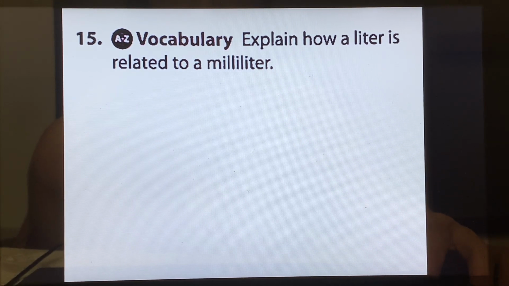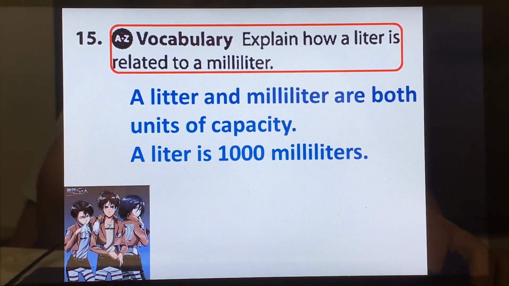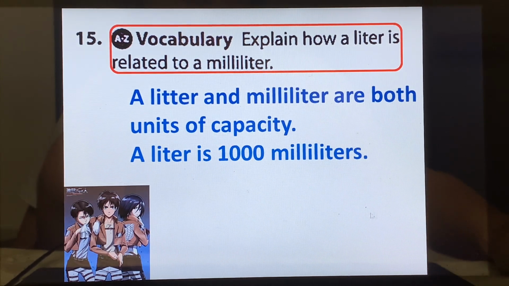Explain how a liter is related to a milliliter. 请说明公升和毫升的关系。A liter and a milliliter are both units of capacity.